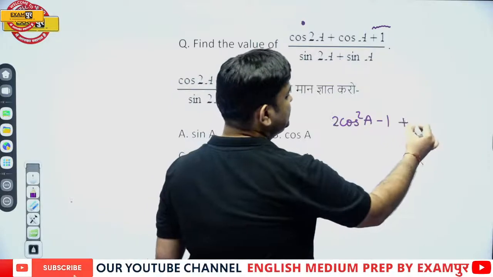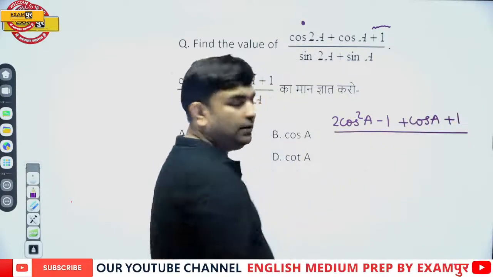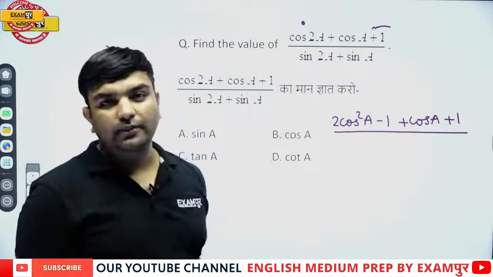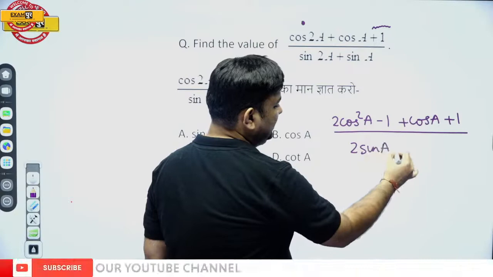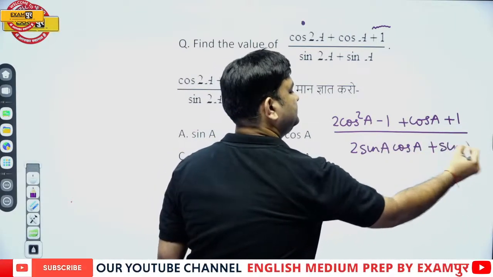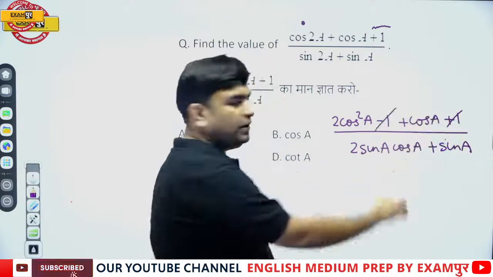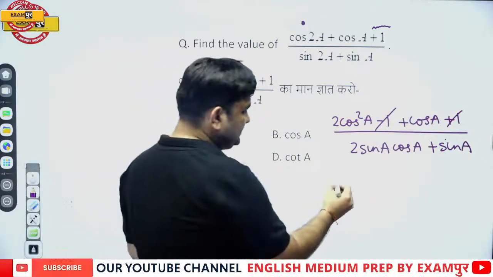Now, for sin 2a, I am using 2 sin a cos a plus sin a. Plus 1 minus 1 cancelled out.